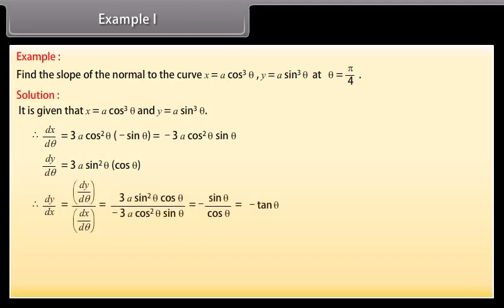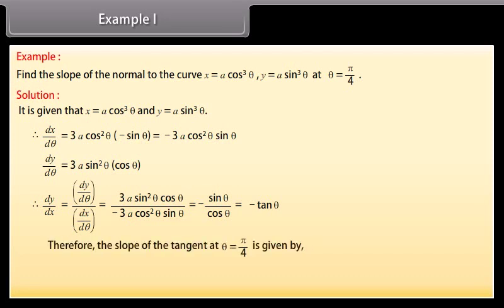Therefore, dy by dx is equal to dy by d theta upon dx by d theta, which is equal to 3a sin square theta into cos theta by minus 3a cos square theta into sin theta, which is equal to minus sin theta by cos theta, which is equal to minus tan theta.